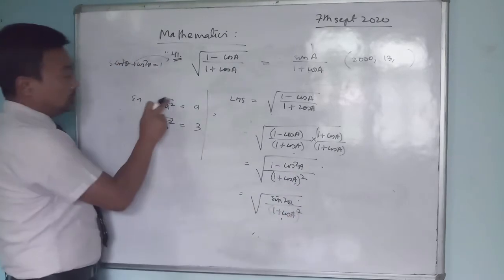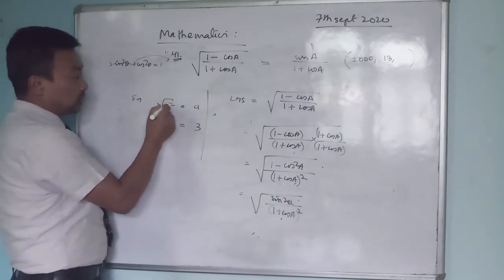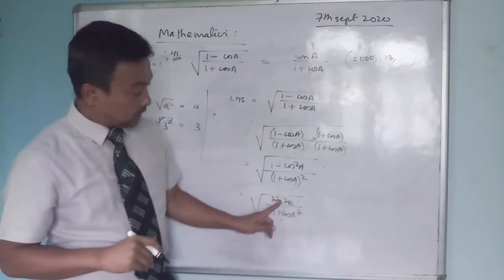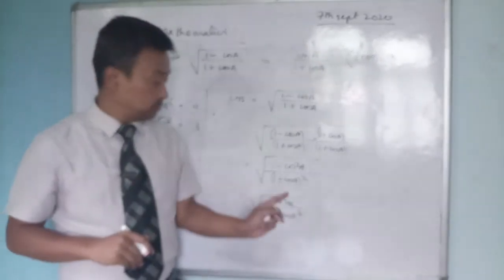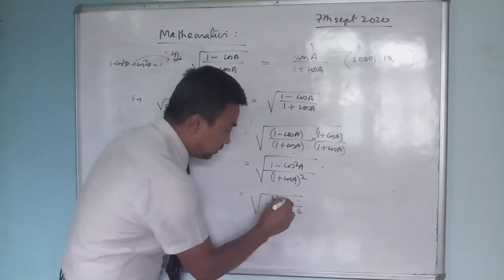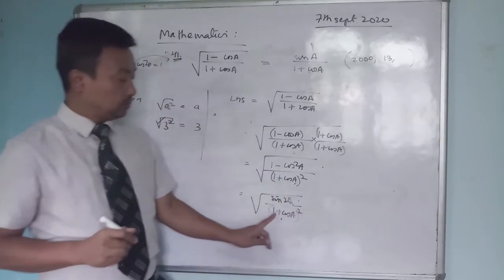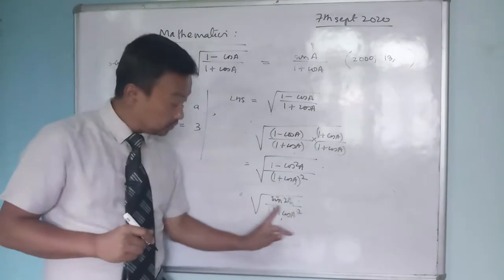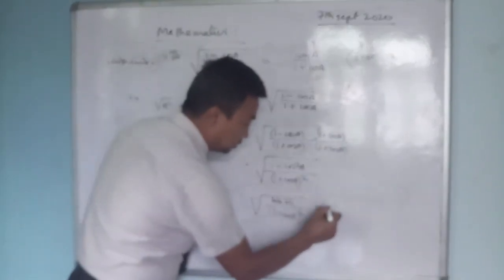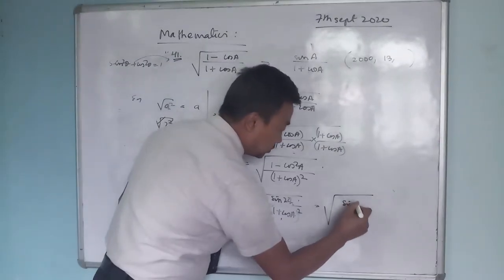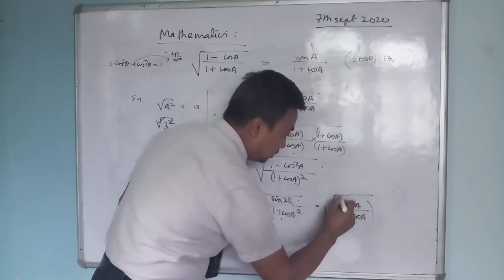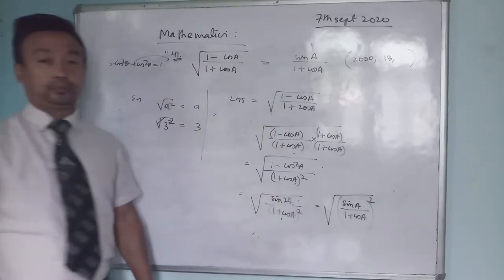Now in order to remove the root, there should be a square and this is a single term. So now sine A is a single term, it has a square. 1 plus cos A is also a single term because it is in the bracket, the square is outside. So this can also be written like this: sine A upon 1 plus cos A, everything in one square.